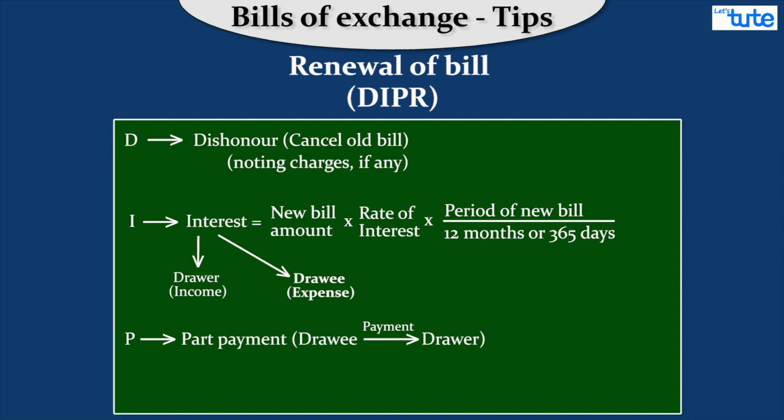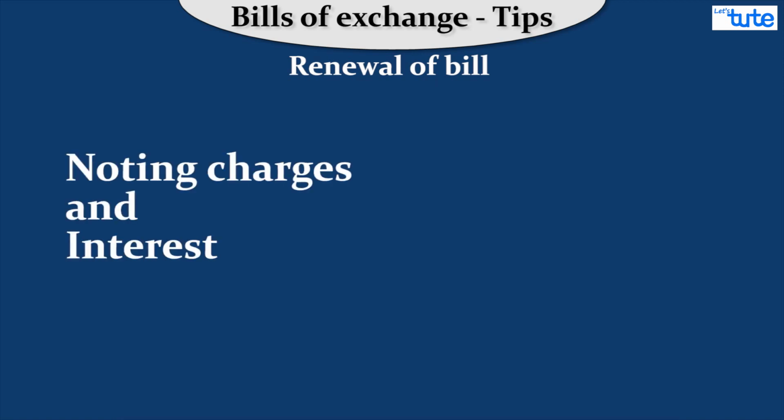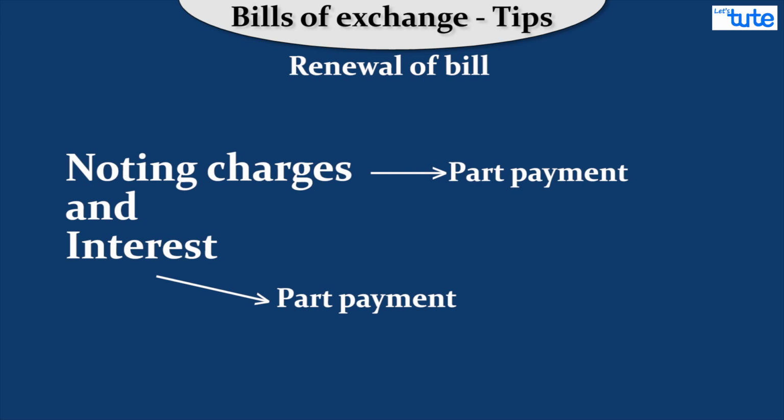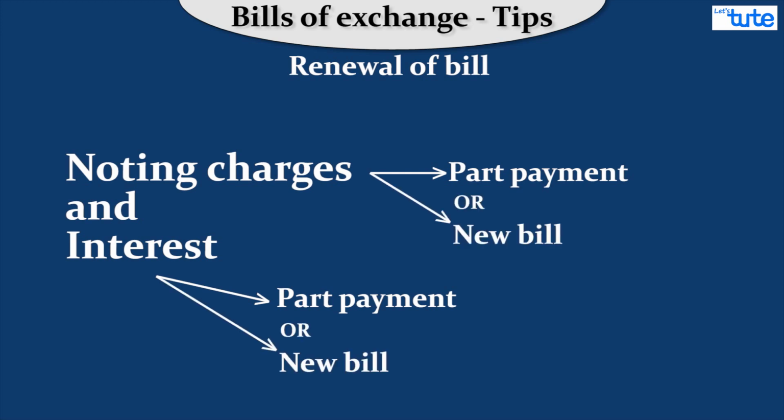P stands for part payment, if any payment made at the time of renewal. And R stands for renewal entry, that is new bill is drawn and accepted by the drawee. Also check whether the noting charges and interest are paid immediately in part payment or included in the new bill amount. Accordingly, pass the entry with proper amounts.